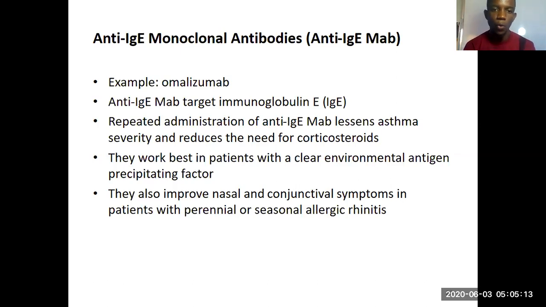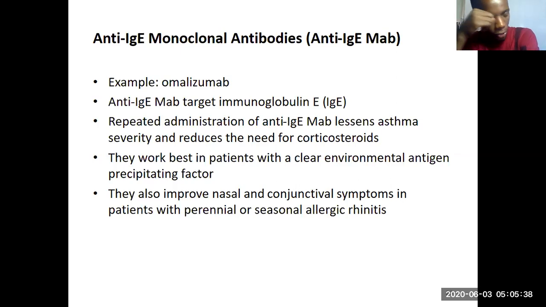These work best in patients with clear environmental antigen precipitating factors. So when you're giving this drug, you need to ensure that your patient is well aware of their irritating factors or the causative agents that cause these asthma attacks.